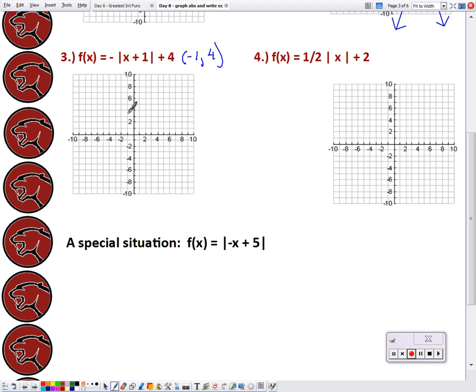So here we go, negative 1, 4. And because this minus sign is here, we have a slope to the right of the vertex of negative 1. And then on the left, down 1 and backwards 1. You can see this one opens down also.